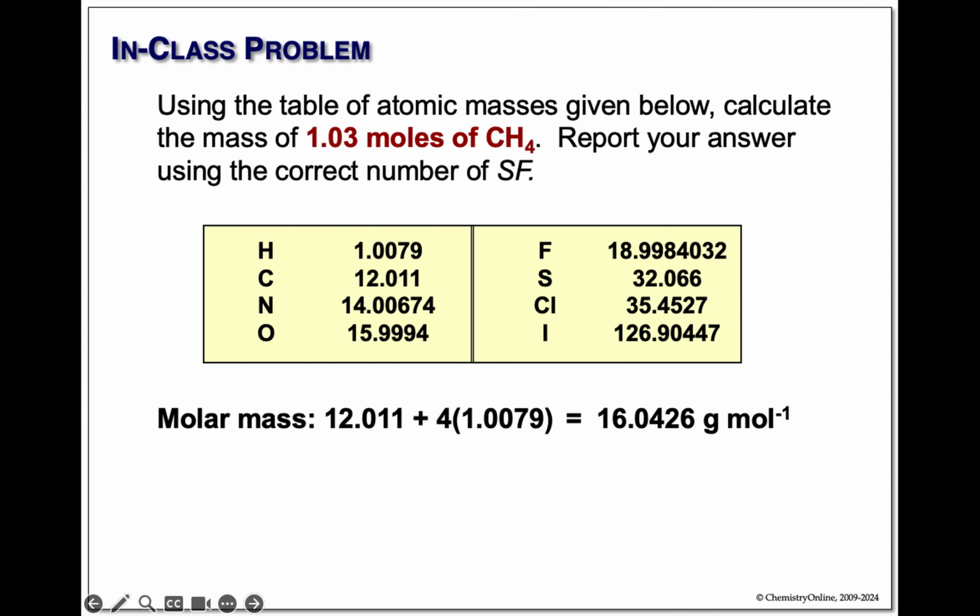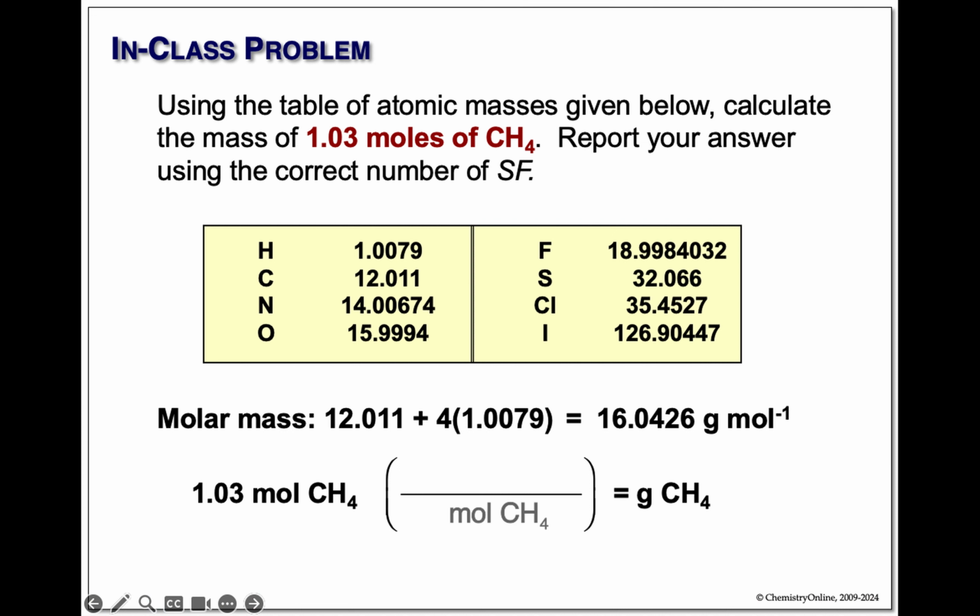So here's our molar mass, here's our number of moles. We write the number of moles. We want moles in our denominator. We want grams of methane in our numerator. This is 1.03 moles, and this is 16 grams per mole.